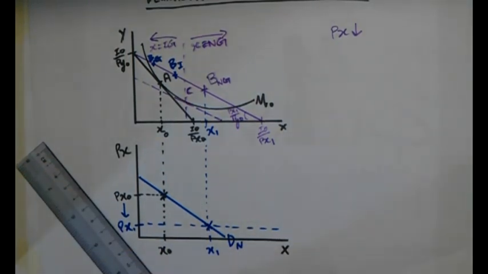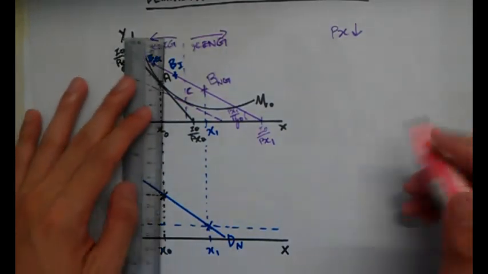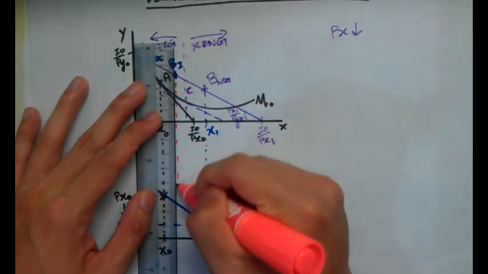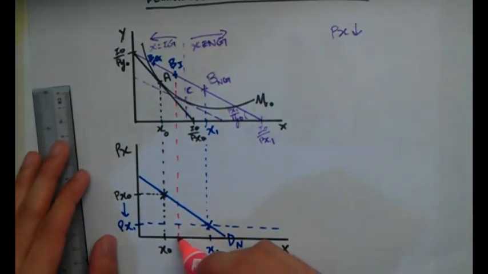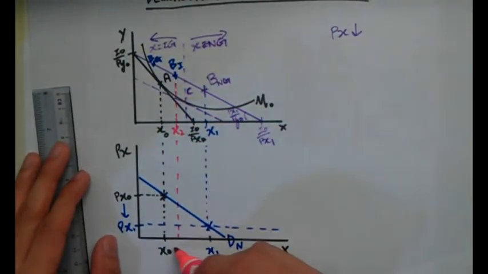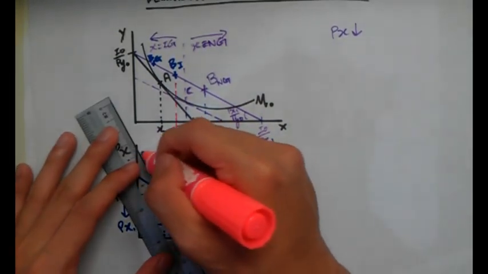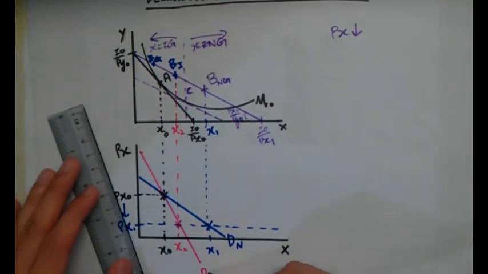Now what if it's an inferior good? Same thing, we will bring down the point from BI down to the next graph. If this is x2, this is also x2. And the point is over here, and we have another demand curve for an inferior good.